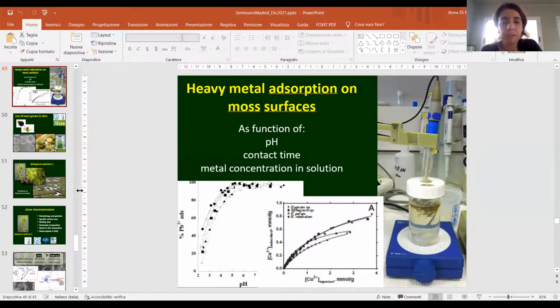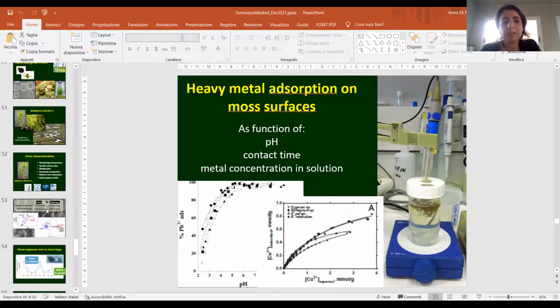If you do this type of study in the lab, after that you can apply it for remediation studies. But I think that nobody does that. Only a few people, with very little data in the literature concerning the ability of moss surfaces. So they apply it without knowing the moss properties, the chemistry of moss.